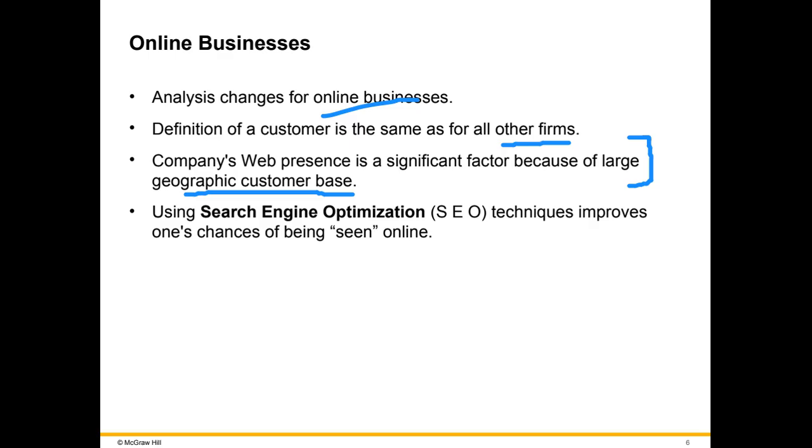And then using search engine optimization techniques improves one's chances of being seen. So SEO is how Google basically operates, and how you make your website seen online. There are lots of techniques.